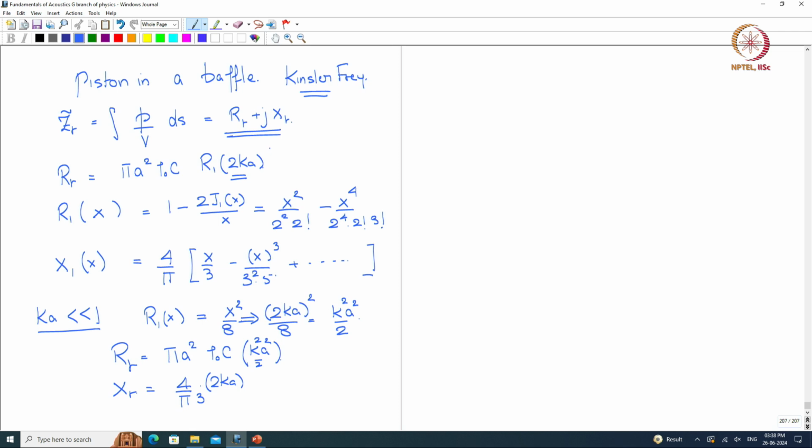So I didn't mention, let me mention that. xr is equal to pi a square rho 0 c x1 of 2 ka, okay.